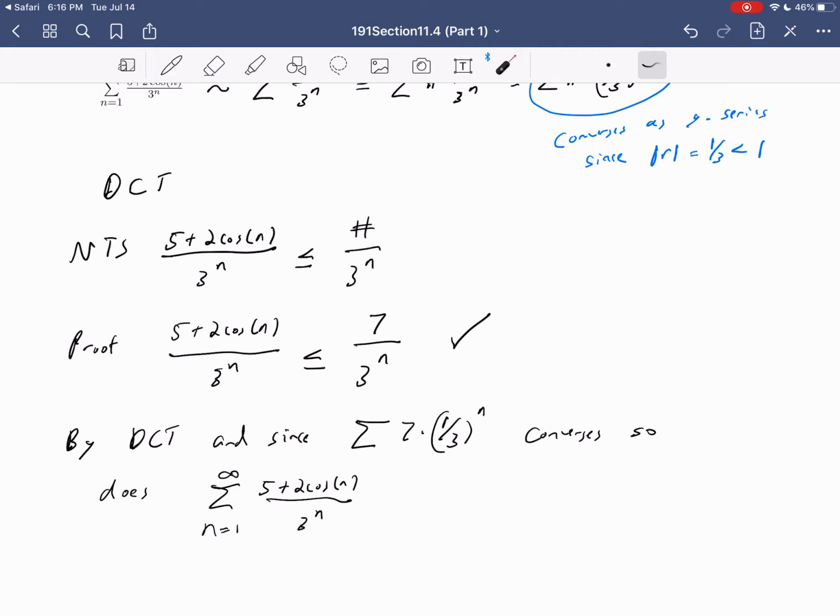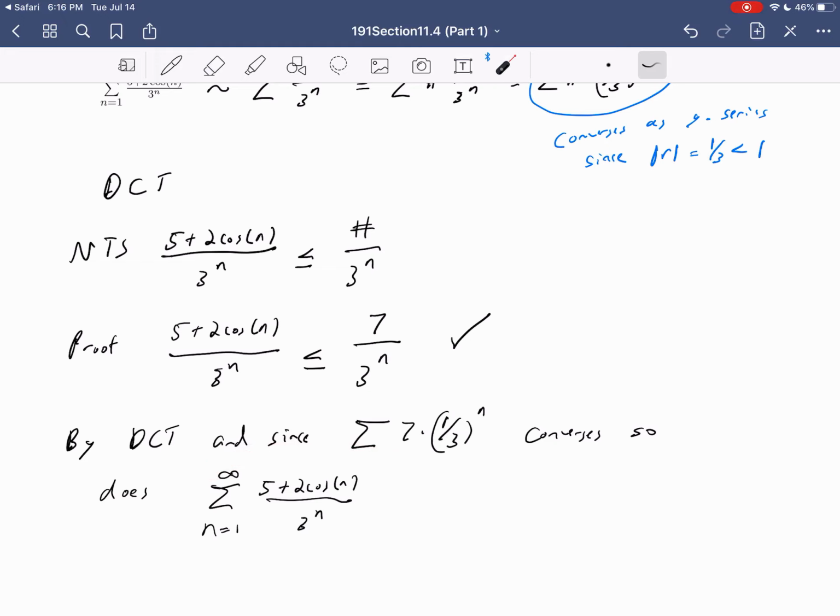So we've just shown that this thing is also going to converge because it's always going to be smaller than this geometric series, and we know that this geometric series sums up to a finite value, so our series must also sum up to some smaller finite value. Do we know what that finite value is? Well, we could figure out what this one is by using the geometric series formula, but that's not going to help us know what this one is.